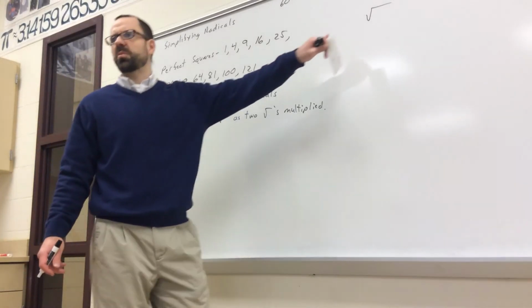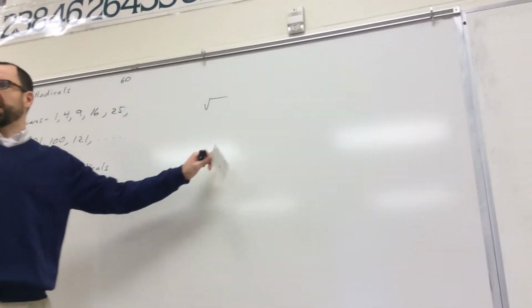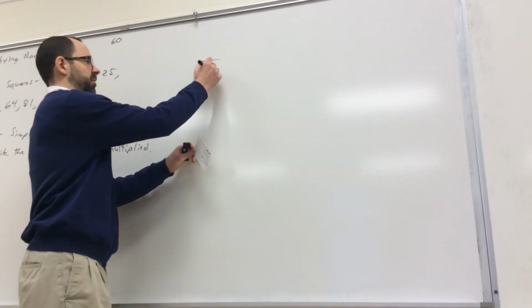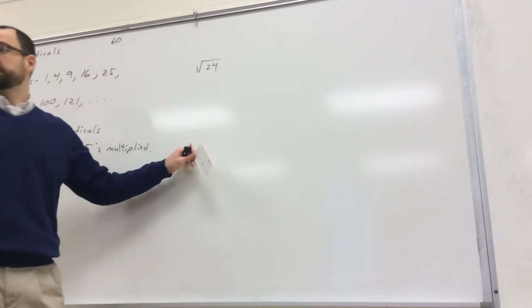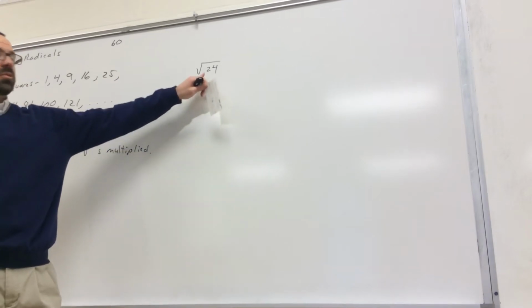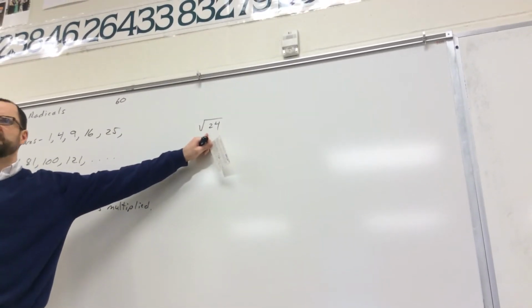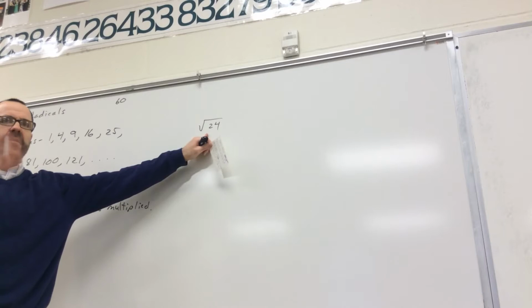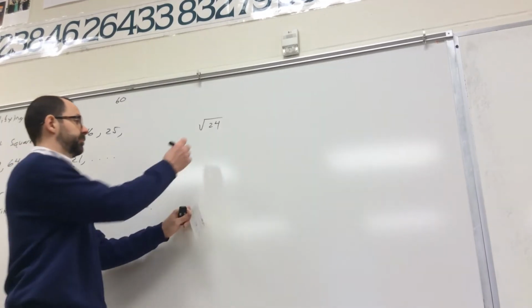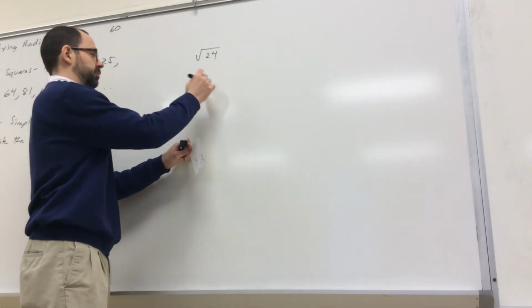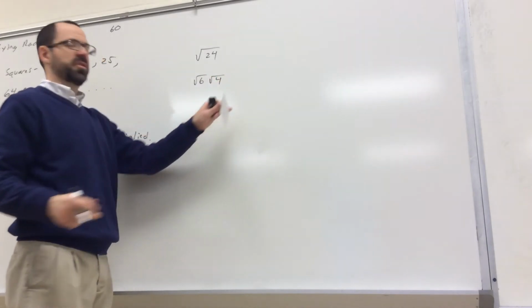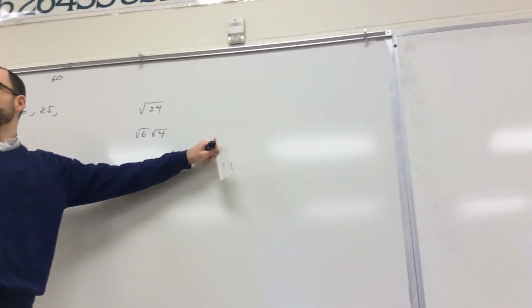So I'm just going to do an example problem over here, but you don't have to write this one down. So let's say we have the square root of 24. So what are 2 numbers that multiply to be 24? Yeah, 6 times 4, good. There are other options. What else multiplies to be 24?